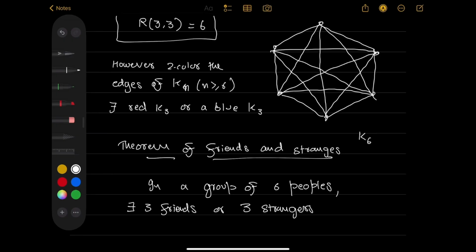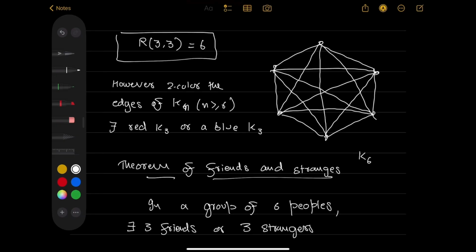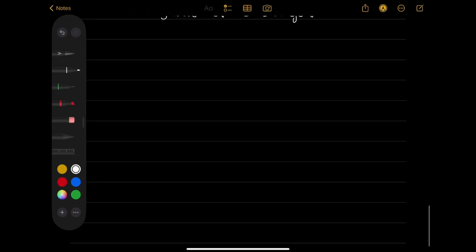Complete strangers means nobody knows anybody. So if you collect 6 people, either 3 people will know each other, or there will be 3 people who won't know each other. So at least one will be there. This is famously known as the theorem of friends and strangers, and its value is 6. So basically that says R(3,3) is 6. Okay, let us go to the main result of today's lecture.